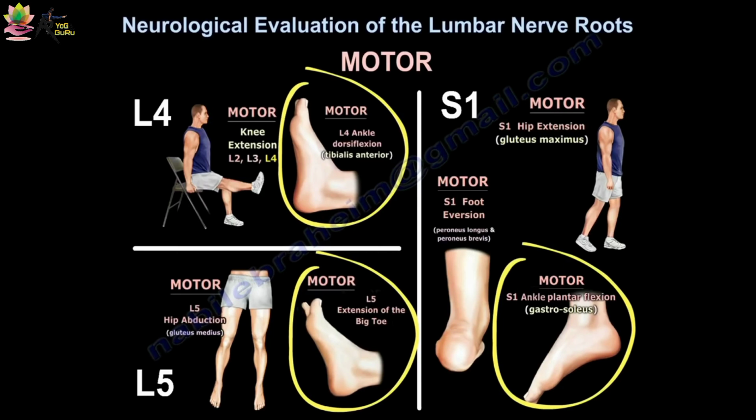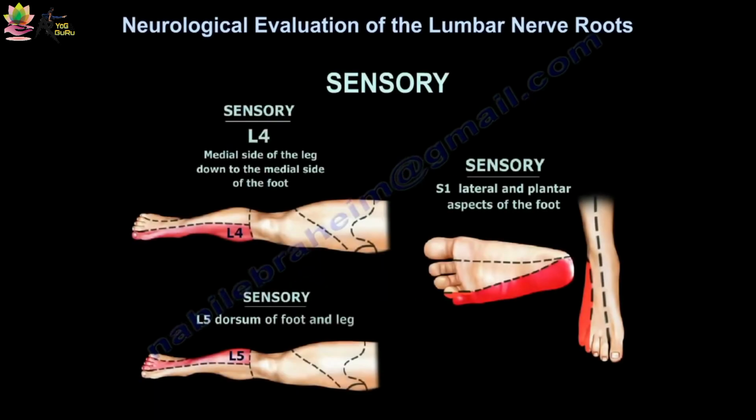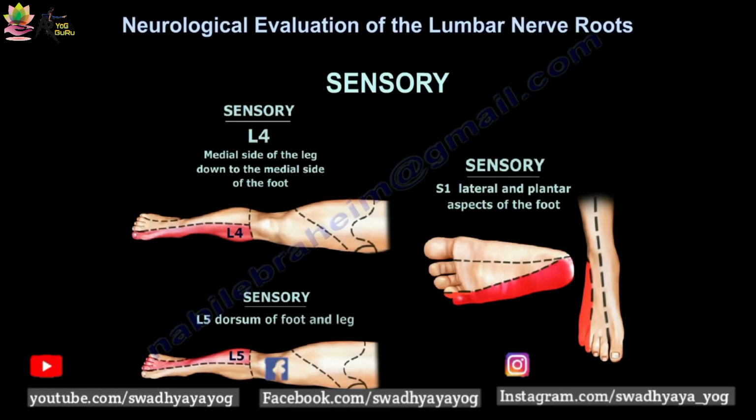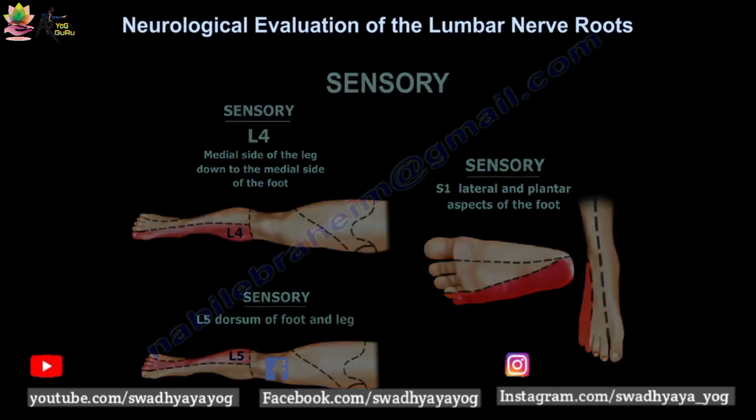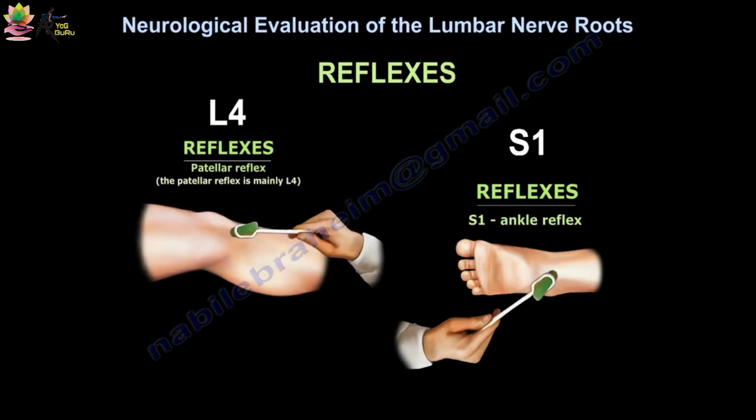For S1, ankle plantar flexion. Sensation: the medial side of the foot is L4, the top of the foot is L5, the lateral side of the foot is S1. This is really how we examine the patients. Reflexes: patellar reflex, mainly L4; ankle reflex is S1.